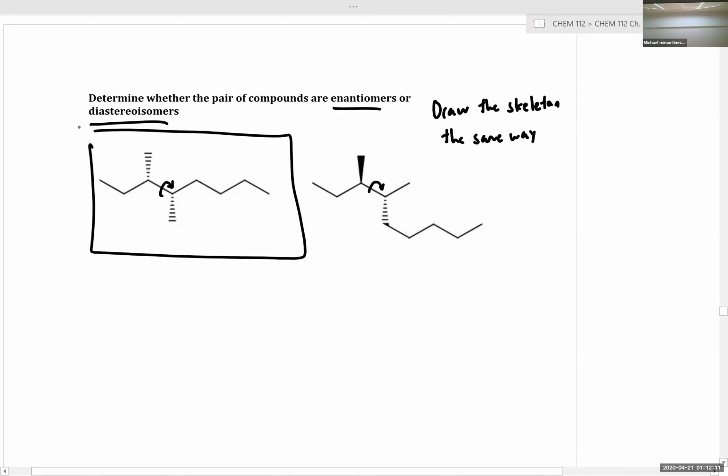And just build a model of exactly what you see. You don't have to do any rotation at the start. Just draw exactly what you see.